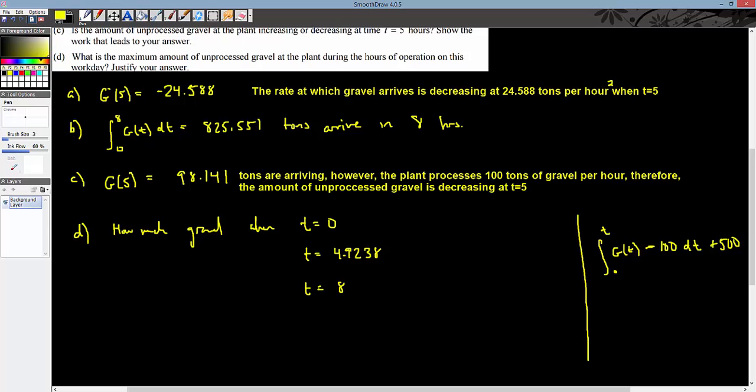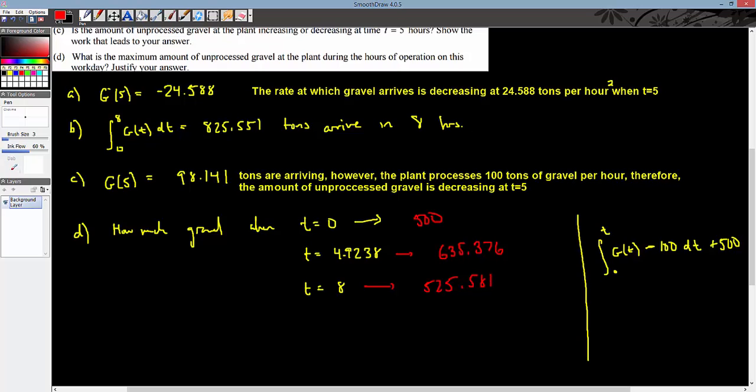So once I do this into the calculator, you'll see that the answers are going to be 500, because at time 0 you have 500. What you'll get here is 635.376, and then what you'll get here is 525.581.